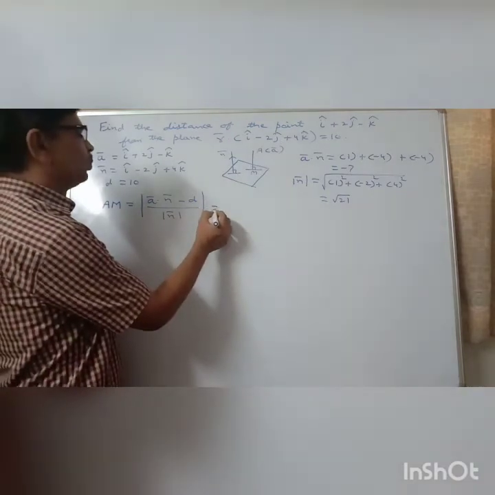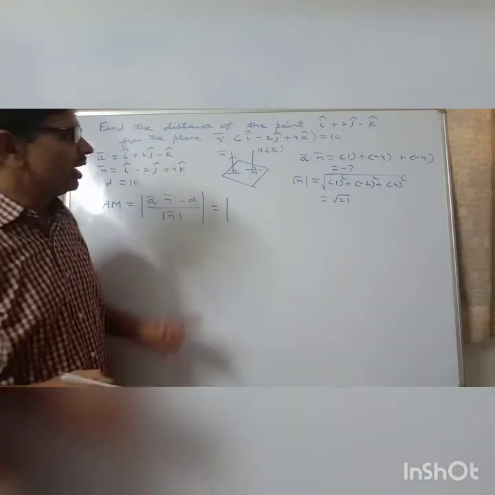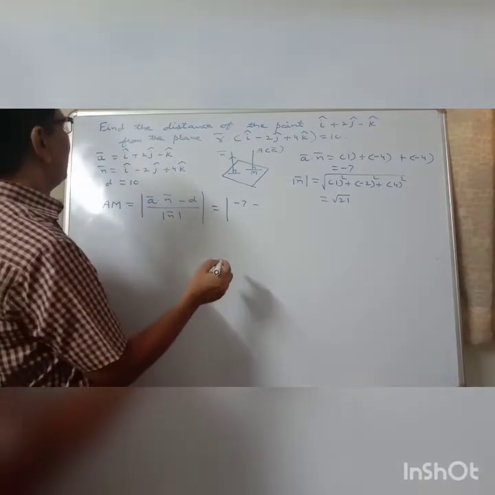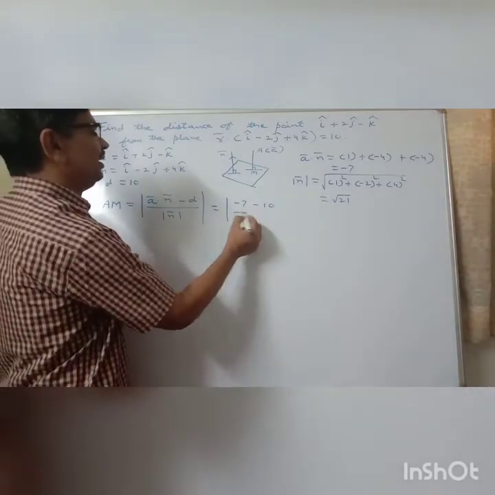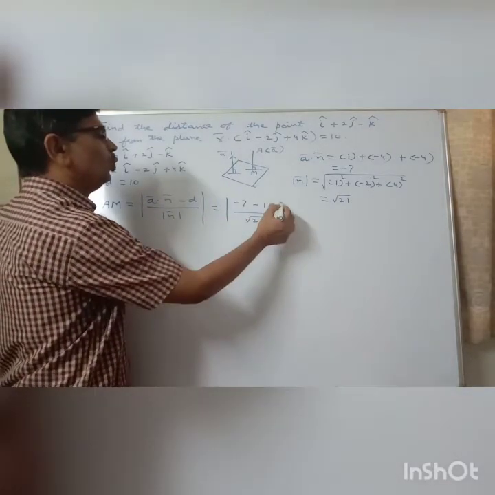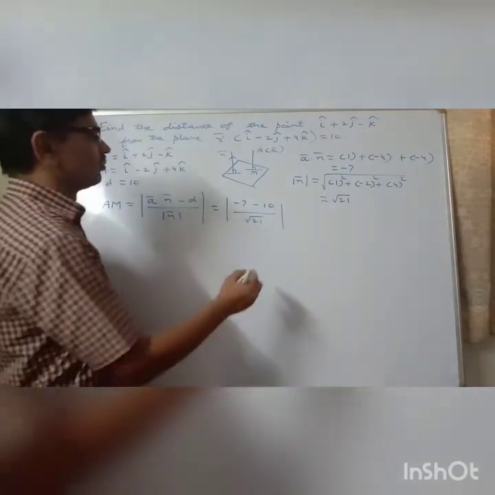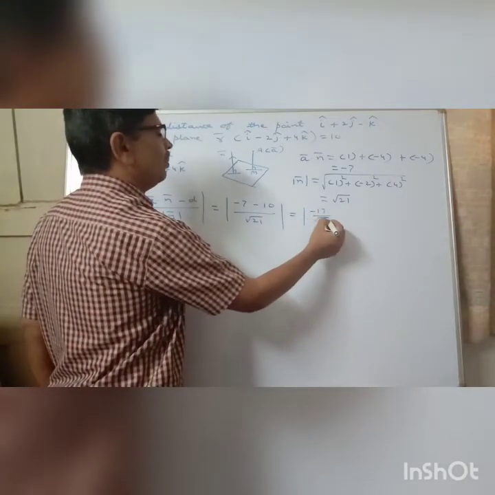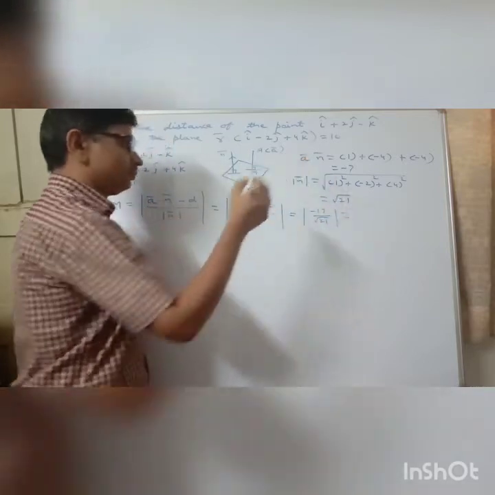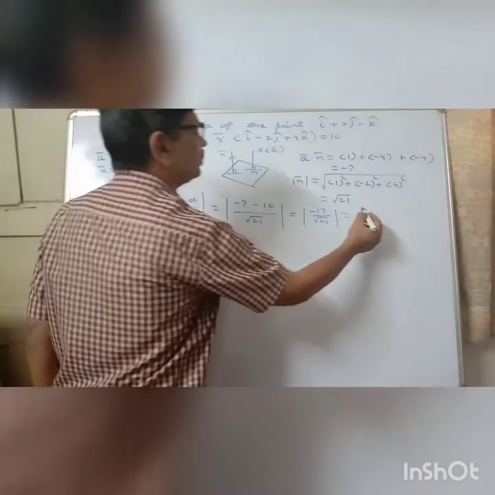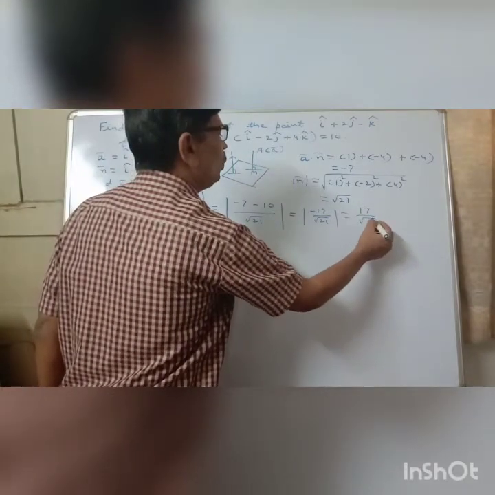Now put the corresponding values here. A bar dot n bar is minus 7, minus value of d, 10, divided by magnitude of n bar, root 21. Mod of minus 17 by root 21. Mod of negative number is positive, so 17 by root 21.